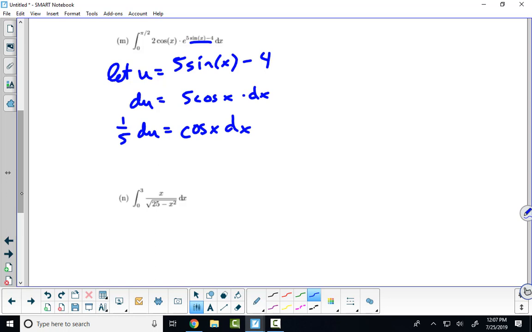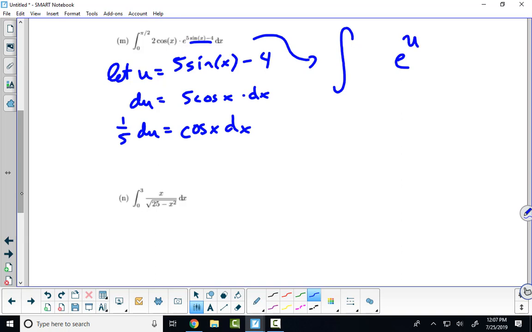All right, folks, we've still got more to go with this u substitution. I'm just going to, for right now, write this as an indefinite integral. So in place of e to the 5 sine x minus 4, I'm going to put e to the what? E to the u. Everyone okay with that?